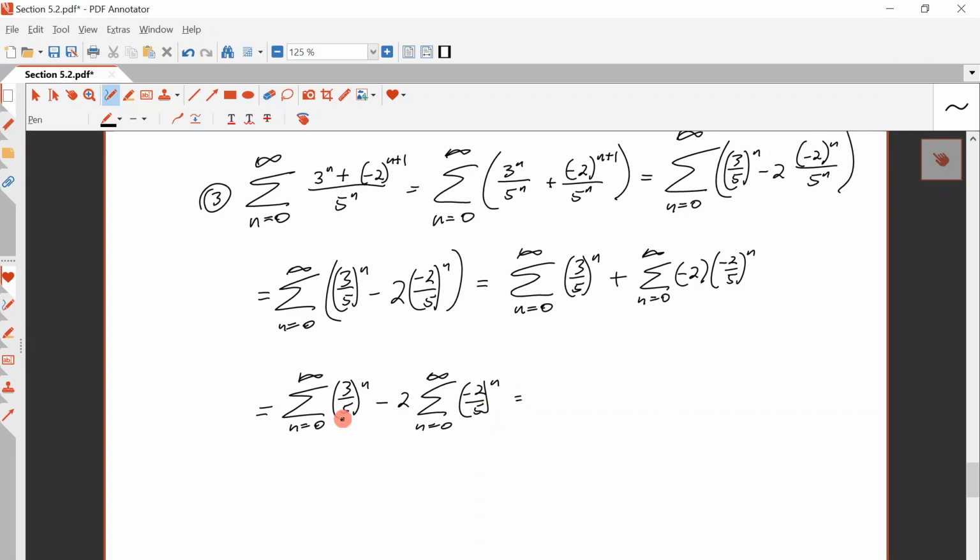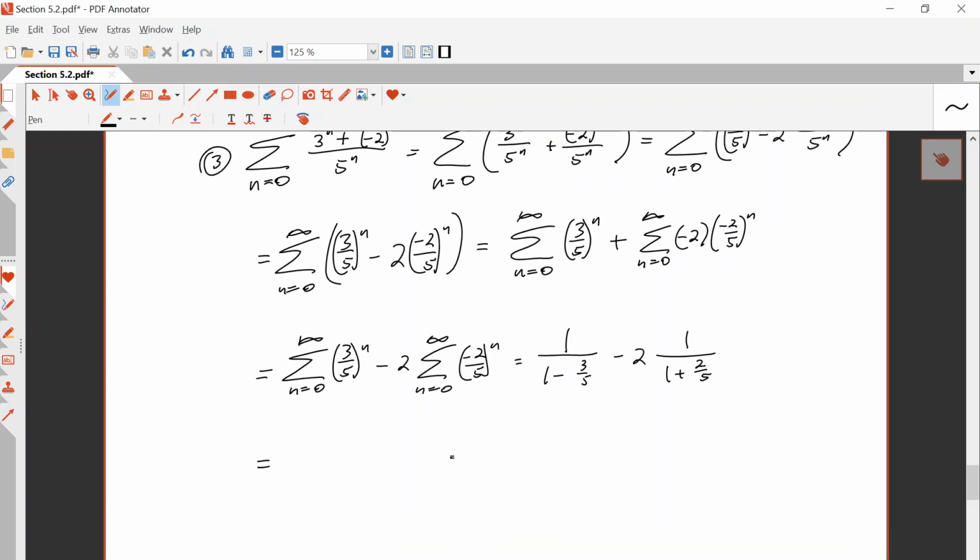Right? That's a geometric series with ratio 3/5, so its sum is 1 over 1 minus 3/5, which is 5/2. Minus 2, geometric series with ratio negative 2/5, negative 2/5 again, absolute value less than 1. So that's 1 over 1 plus 2/5, which is 5/7.